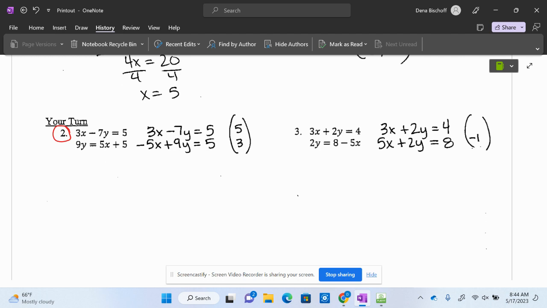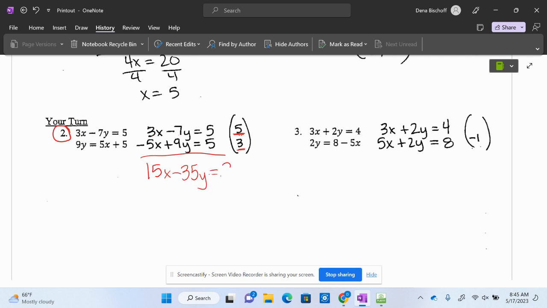Okay, so number 2, I'm going to multiply the top equation by what? 5. And I'm going to multiply the bottom equation by 3. Here's how I do that. 5 times 3 is 15, so I have 15x. 5 times negative 7 is negative 35y.